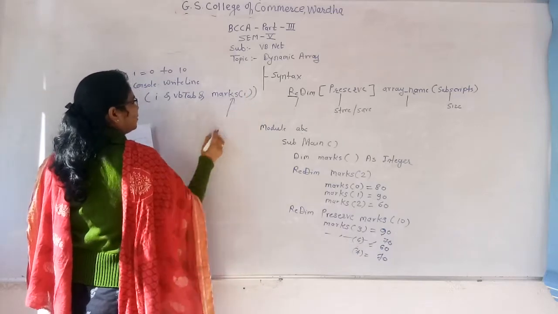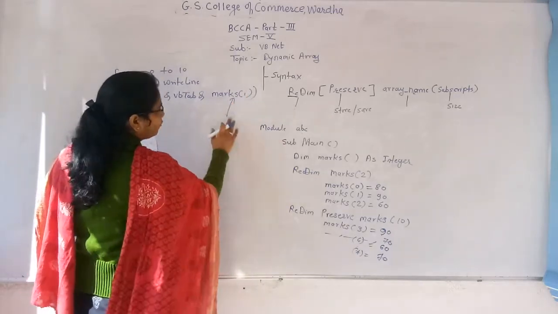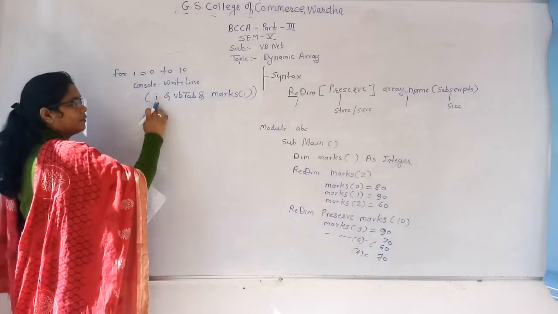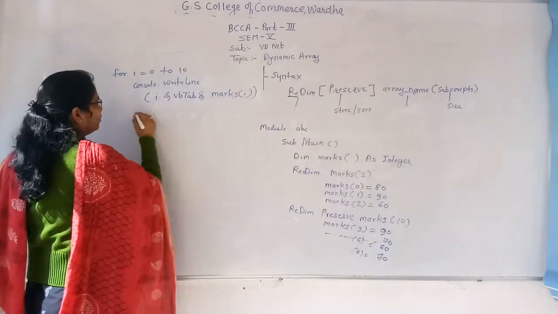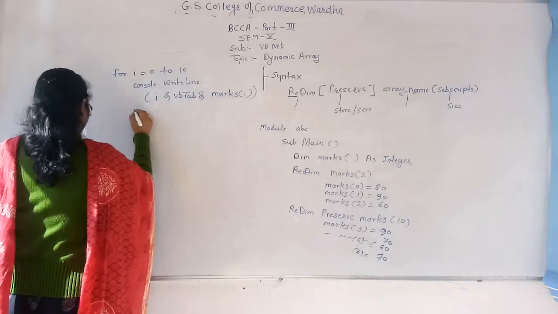By this it will print the elements of the array, and it will print the number I.